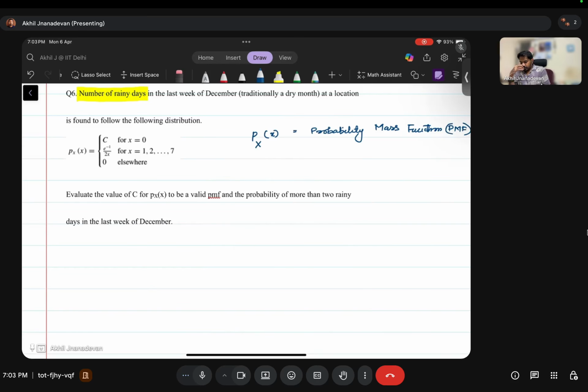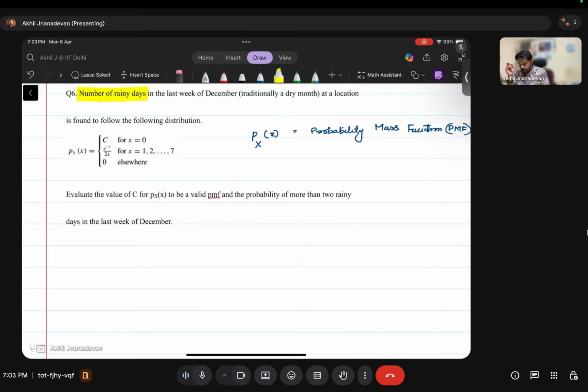So the PMF is defined as follows. When x is equal to 0, that is no rainy day, the probability is C. C is a constant that we need to find.